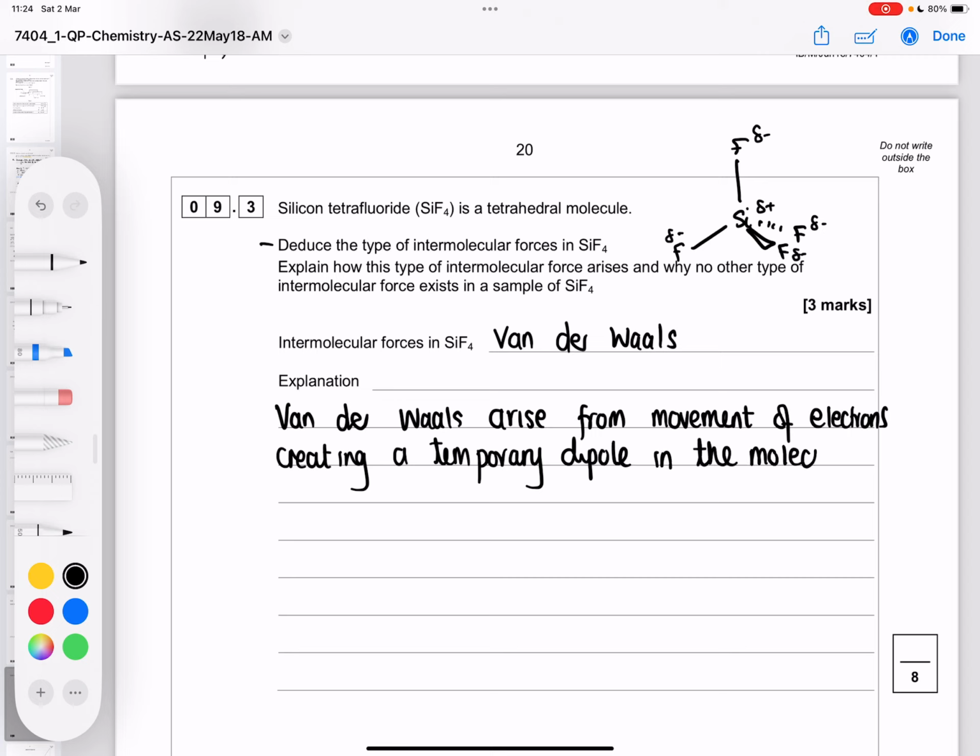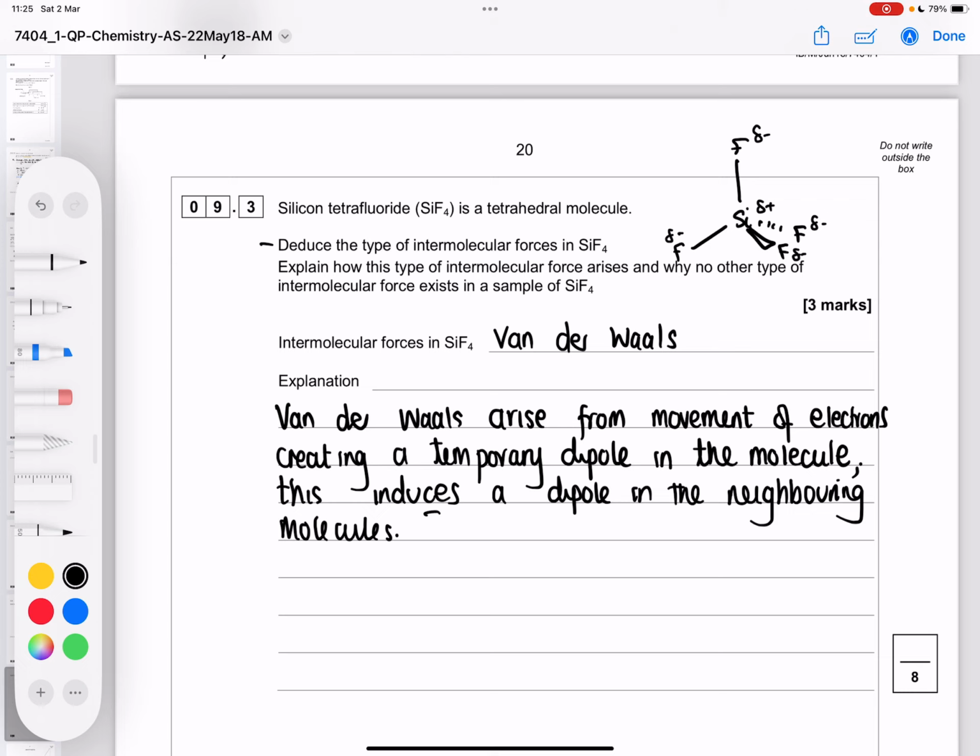So we get this temporary dipole in the molecule. This causes the next door neighbours, so it induces a dipole in the neighbouring molecule. They can then attract, and that's a van der Waals.